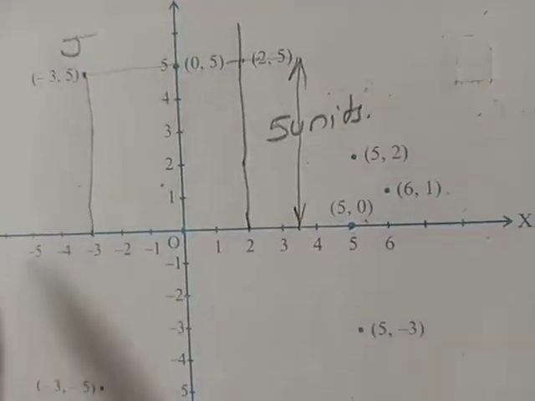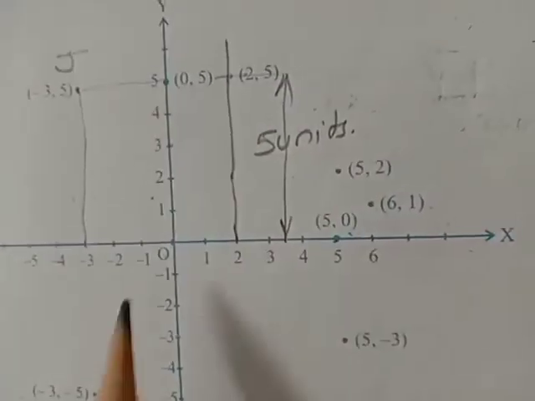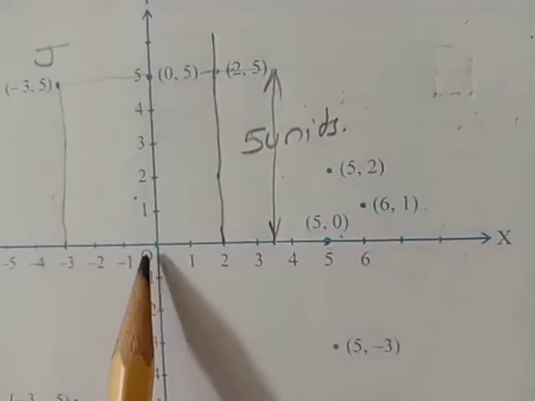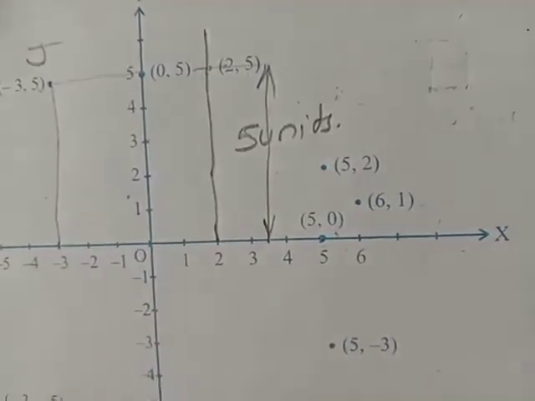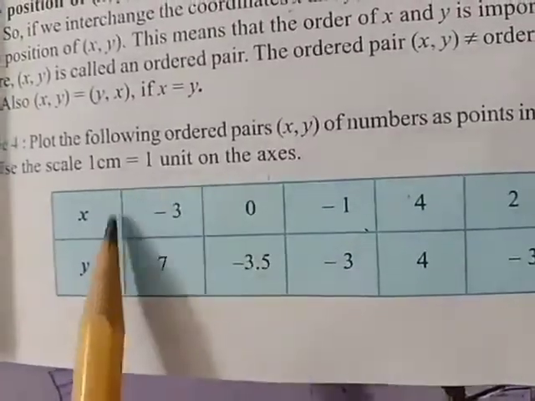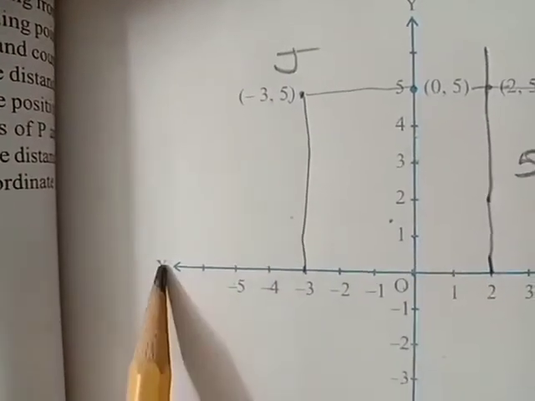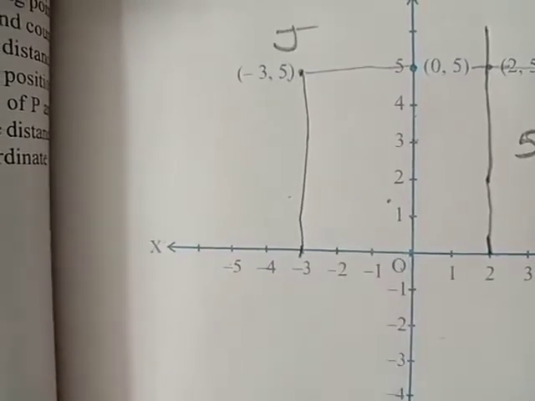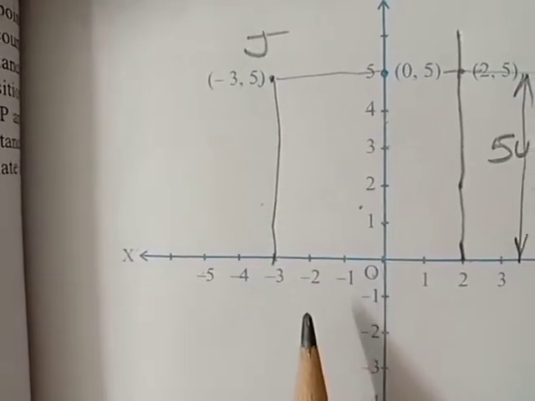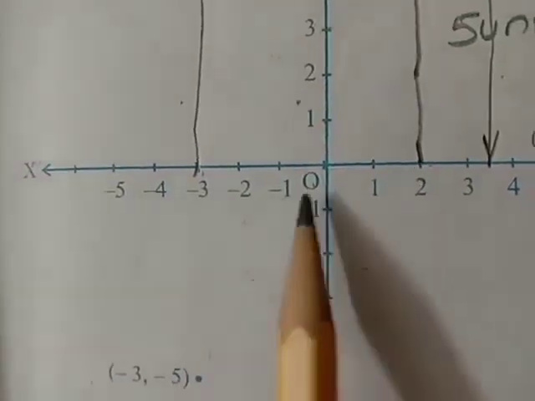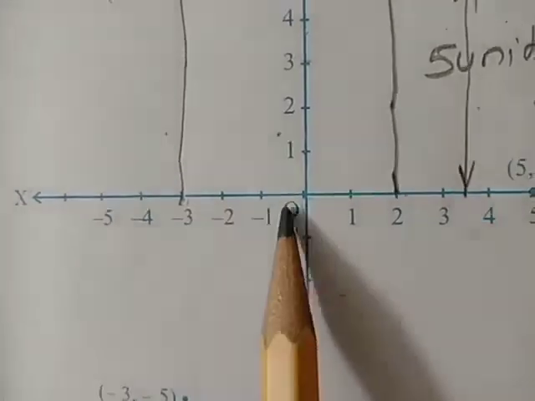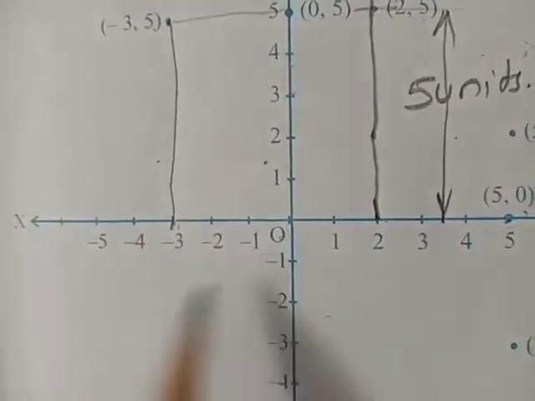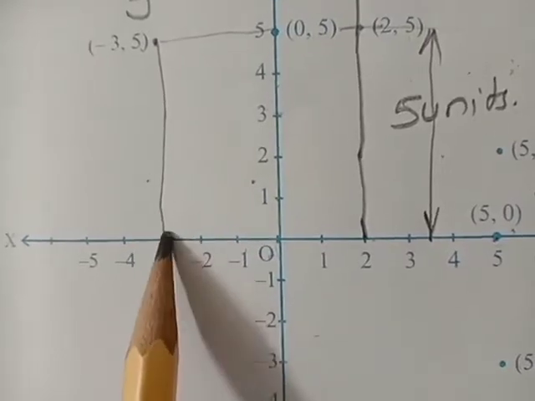Name them X, X dash, Y, Y dash, and the origin where they meet, point O. Now the question given: the x coordinate is minus, so it is on the left hand side of the origin. So -3, -1, -2, -3. Draw a perpendicular line.